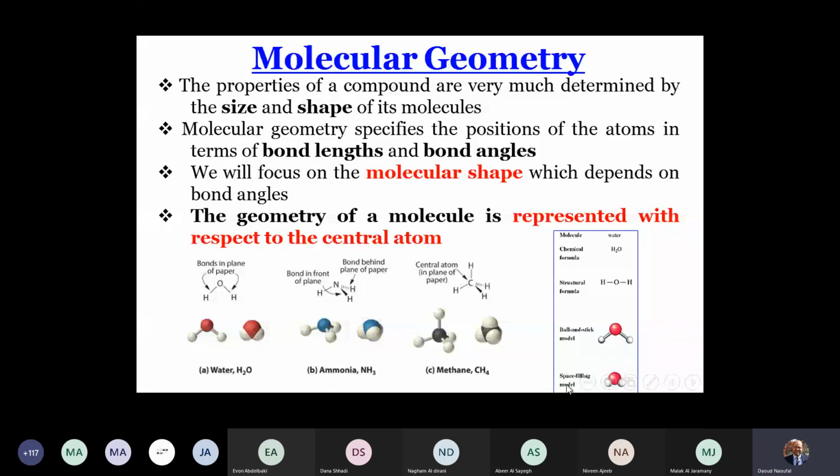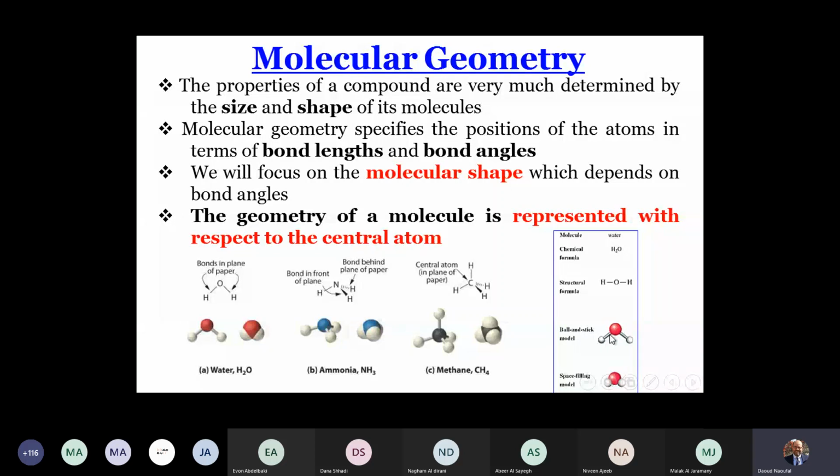We have another representation, which is the space filling model. We write a dash between 2 atoms, between oxygen and hydrogen, and this dash is 2 electrons. It is the probability of presence of electrons. This is not a dash. The dash is a representation.